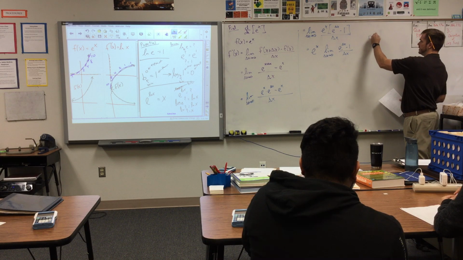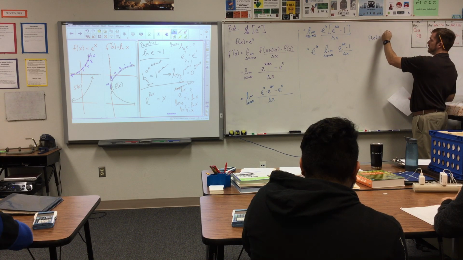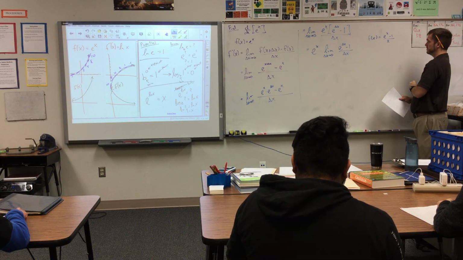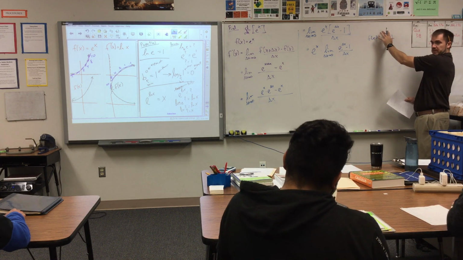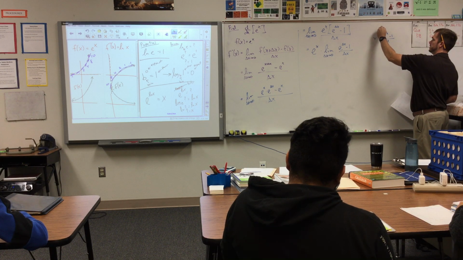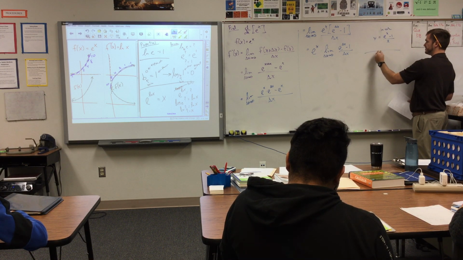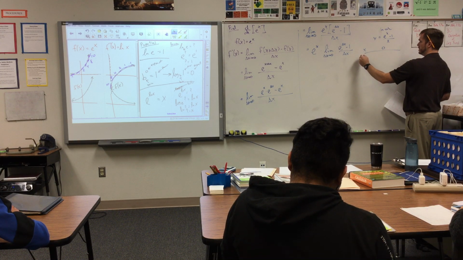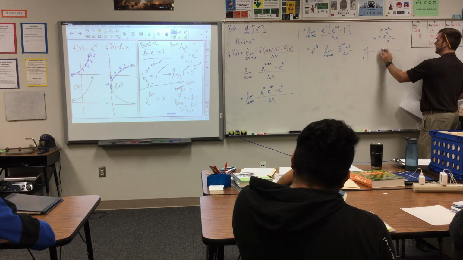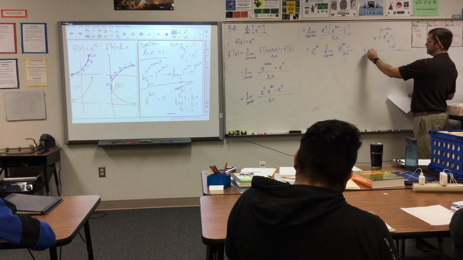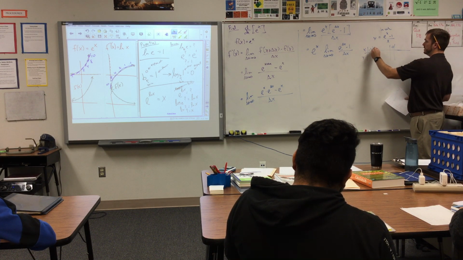So what you're gonna do is on your f of x, type in e to the x minus 1 over x. That's the function that we're gonna type into the calculator. So here's our x, and then here's our y values. Ladies, go to the table and type in -1, -0.1, and -0.01.